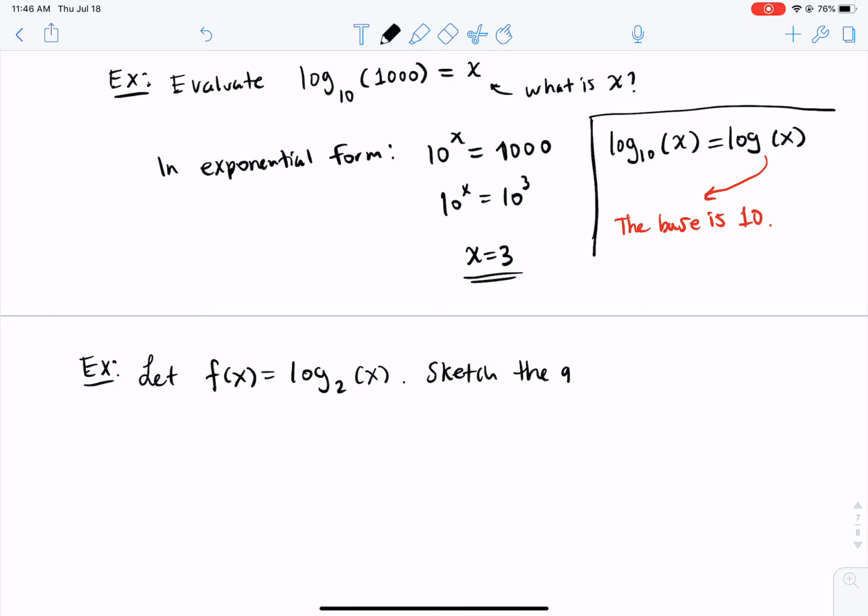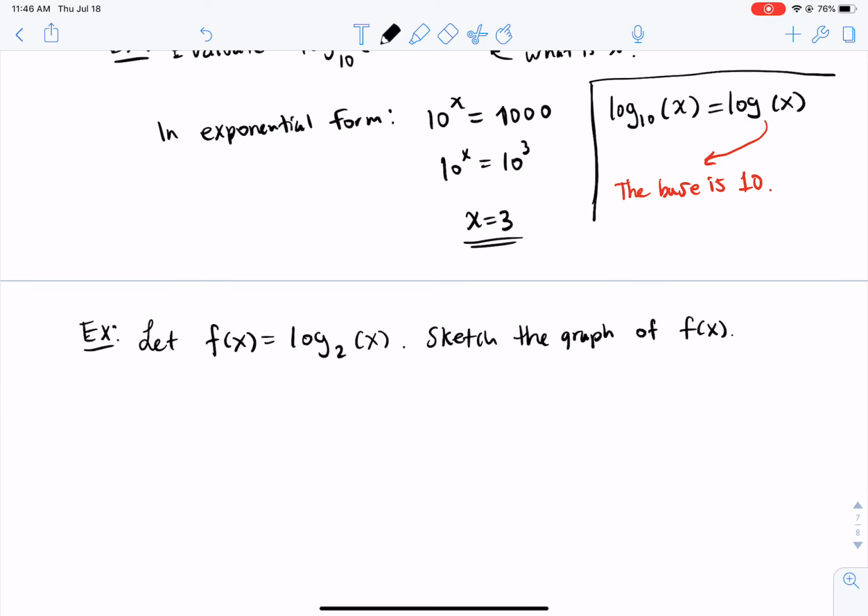And we want to state the domain and the range, and we want to label all intercepts and asymptotes.